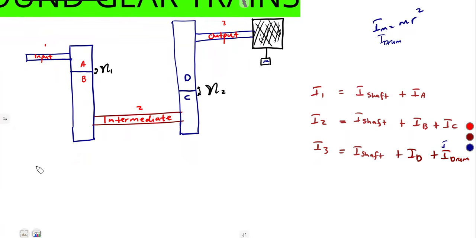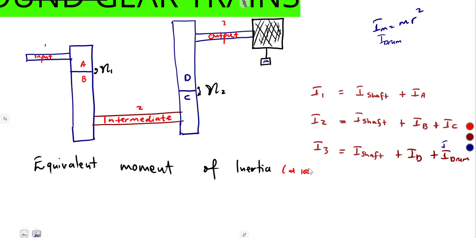So this time, all right, let us just write equivalent moment of inertia. Remember, it can be referred to input or output, but this at 100% efficiency.